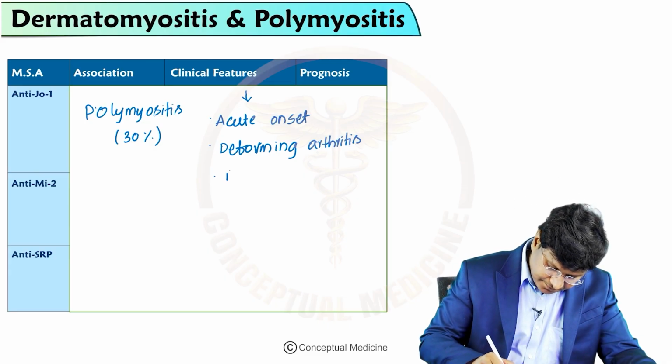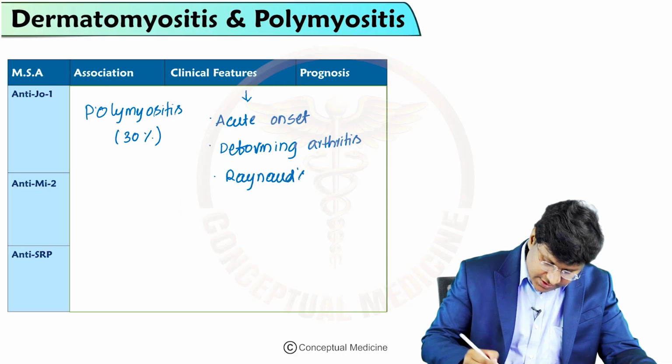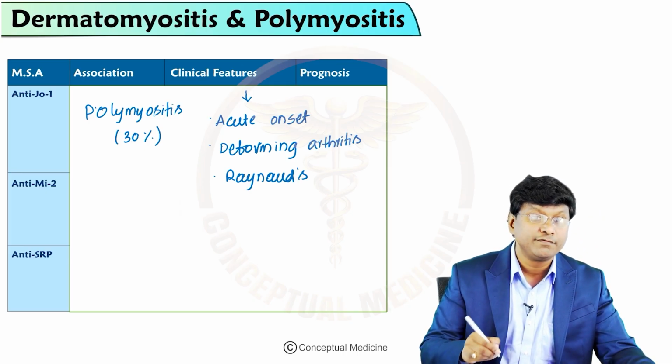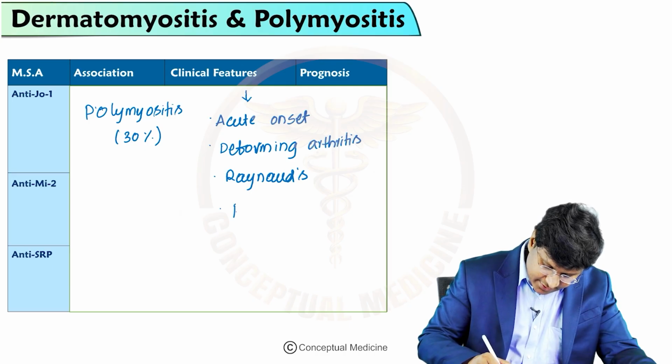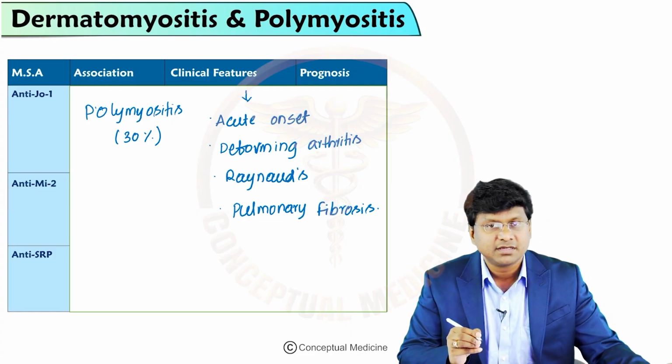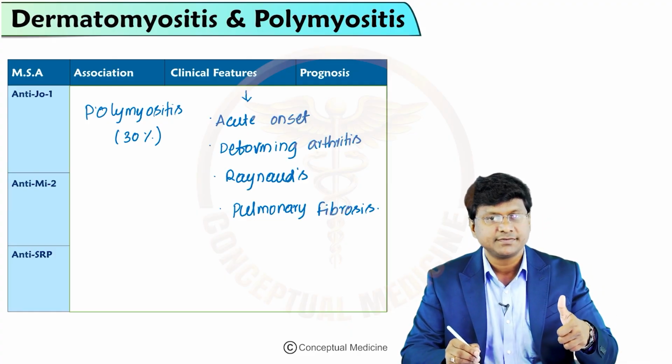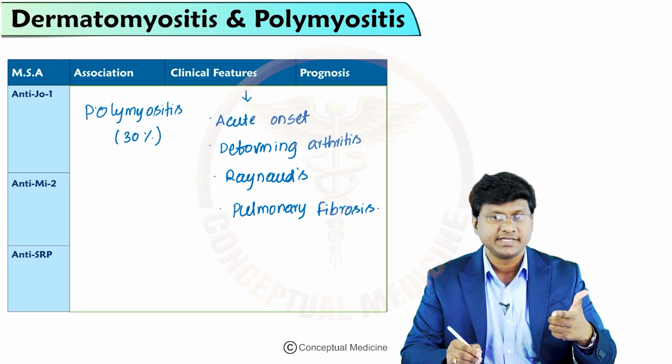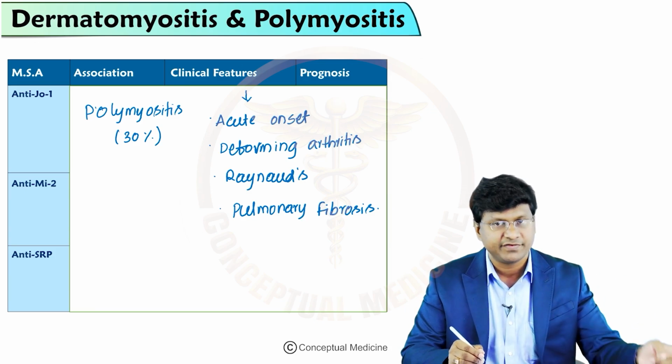And there is also development of Raynaud's phenomenon and pulmonary fibrosis. So that will be the clinical feature: acute in onset, predicts deforming arthritis, Raynaud's phenomenon and pulmonary fibrosis.